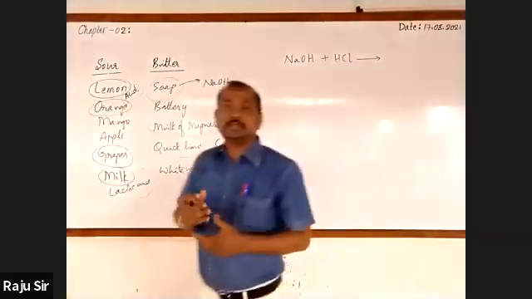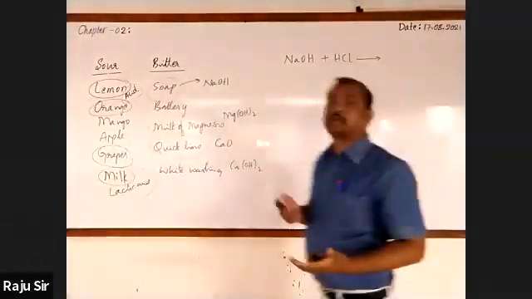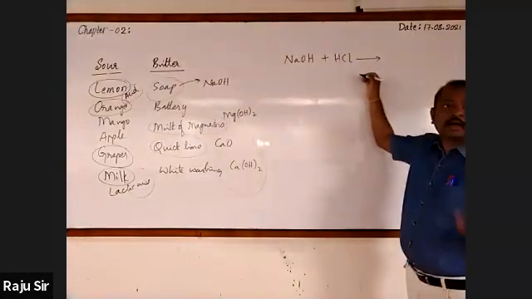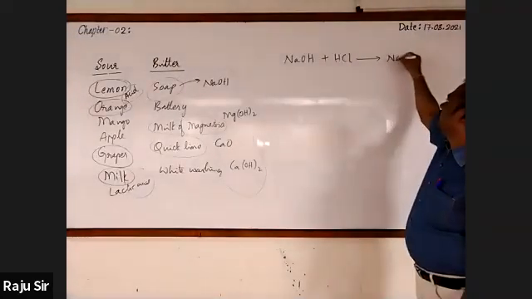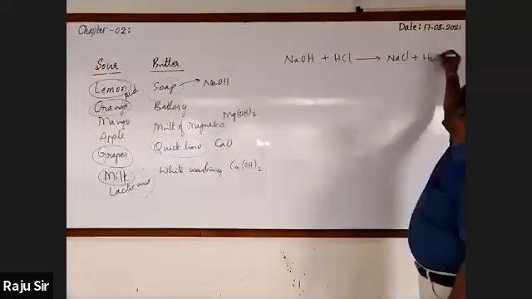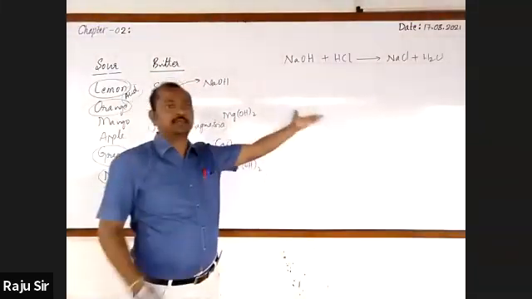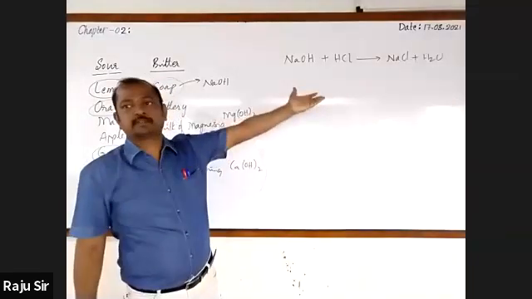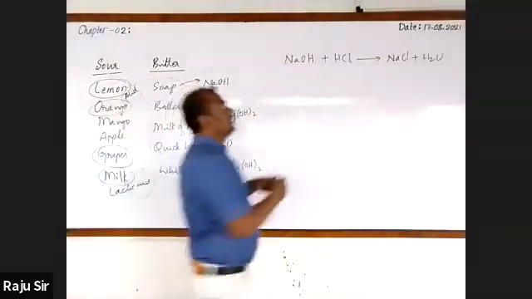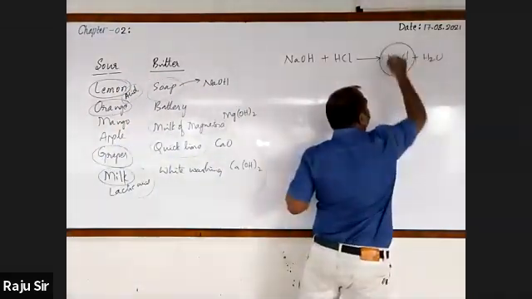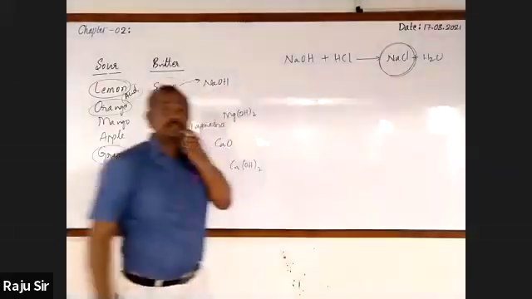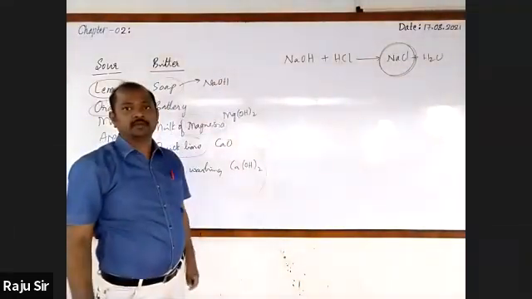The reaction between these two will produce the common salt that we use, sodium chloride, and water. This is a familiar chemical reaction, also called an acid-base reaction. So here we have a salt, sodium chloride.